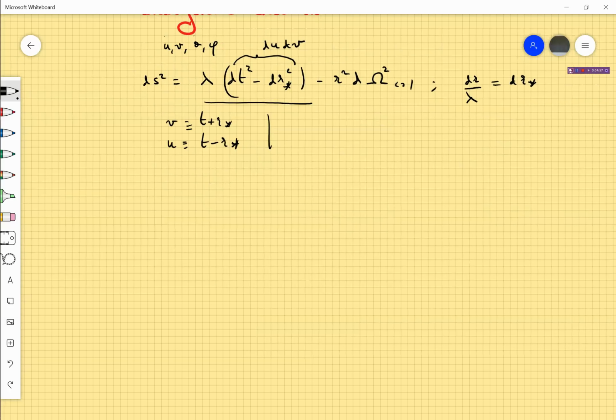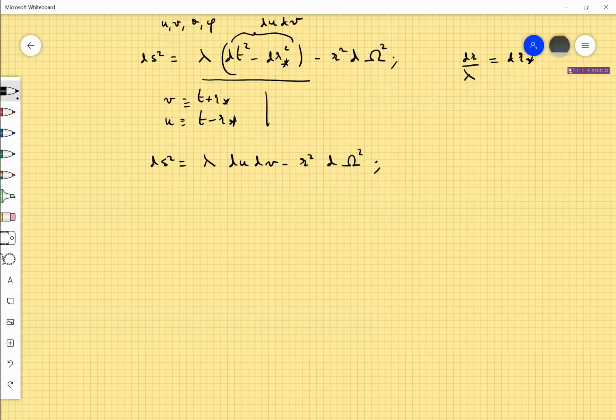So we are now working in u, v coordinates, and the metric has this form. Sometimes I write this 2 here, and that's because in higher dimensions naturally you get the metric of unit 3 spheres, 4 spheres, and so on. Here we are always working in 4 dimensions in this course, so there is no need to write this 2, but I have this habit of writing the 2.